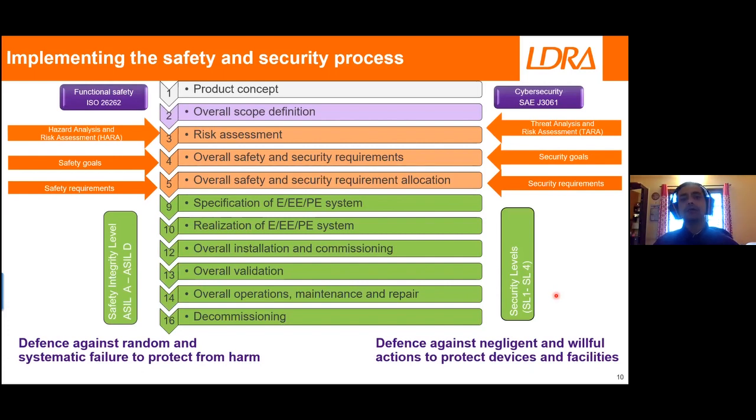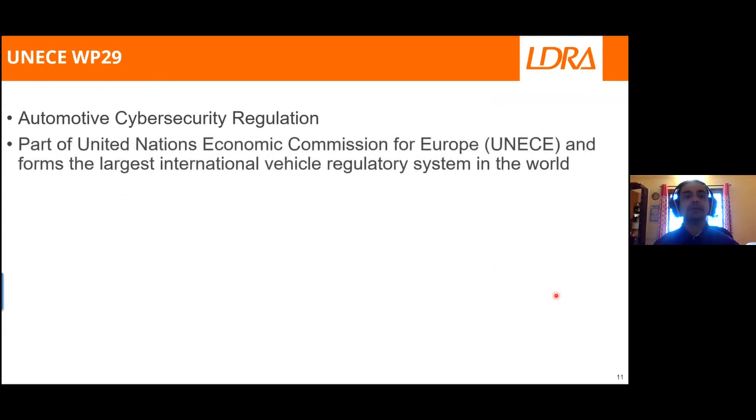Among all of these, with respect to cyber security, there is a new standard getting into the industry, UNECE WP.29 (UN R155). It's an automotive cyber security regulation. It is a part of the United Nations Economic Commission for Europe, one of the largest forums for the international vehicle regulatory system.